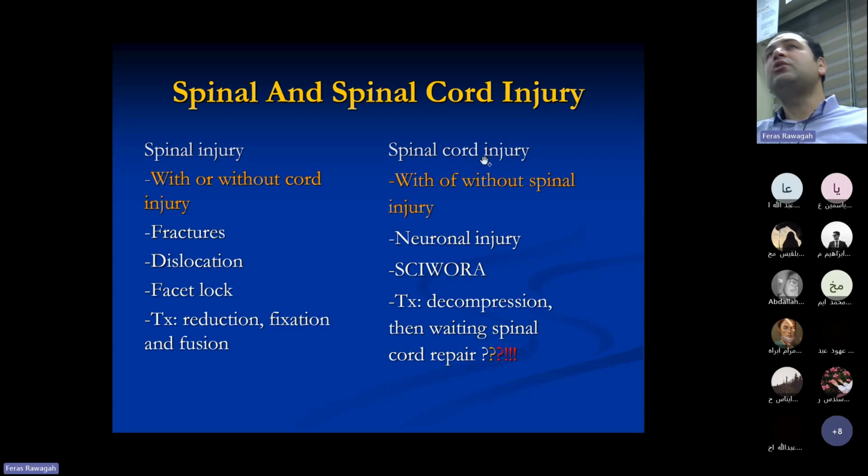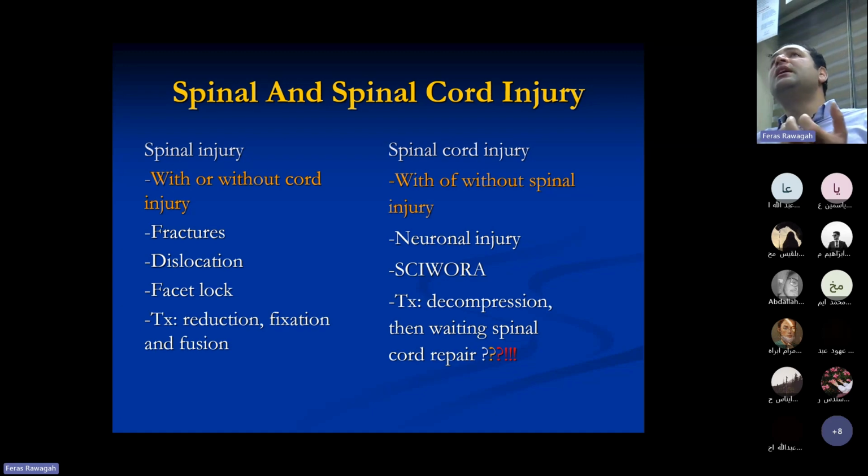Okay, what about a spinal cord injury without a spinal injury? How can this happen? This can happen, for example, from different things. For example, SCIWORA in the children. In the children, the spinal column is very lax. It's very flexible. So by some injury, some movement, it can result in hyperflexion.